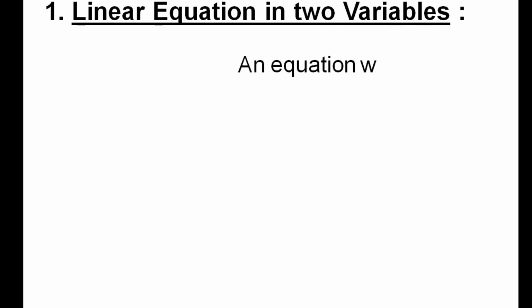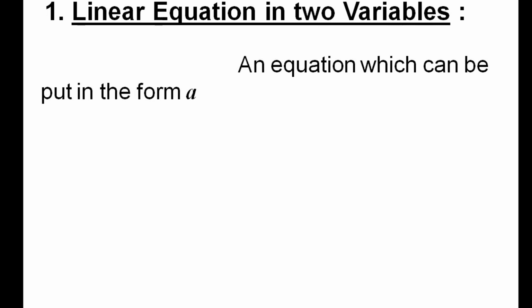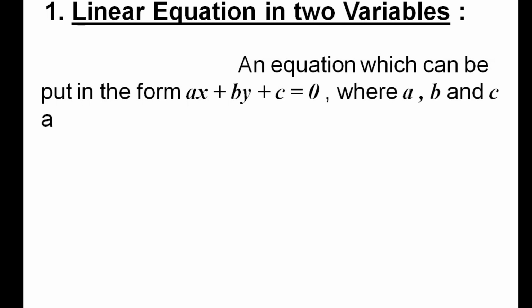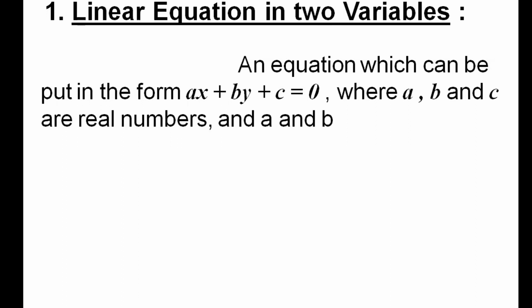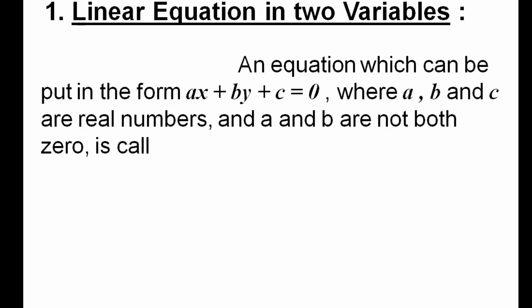The definition given is, an equation which can be put in the form of ax plus by plus c equals to 0, where a, b and c are real numbers and a and b are not both 0, is called a linear equation in two variables.